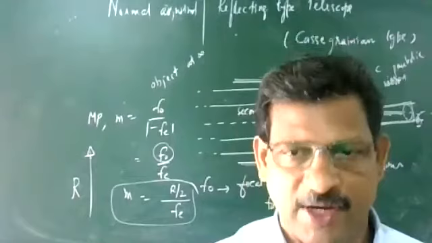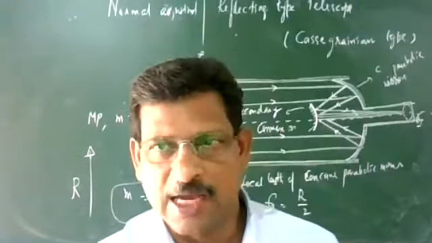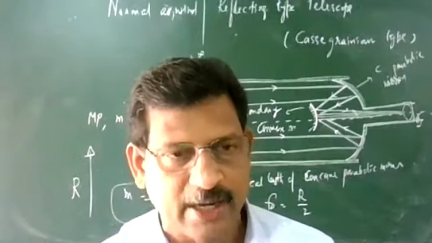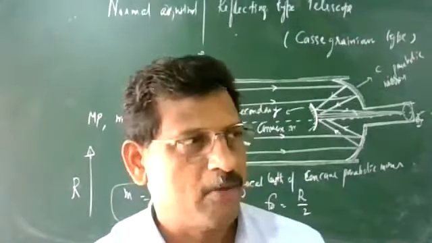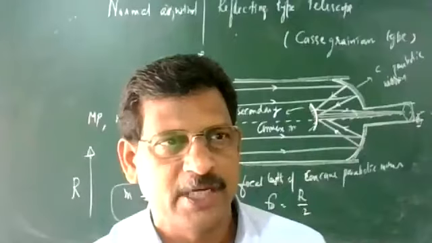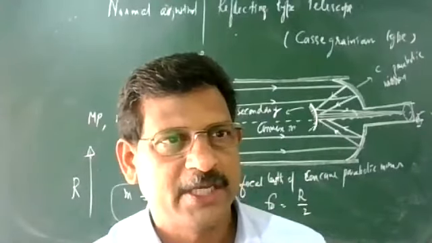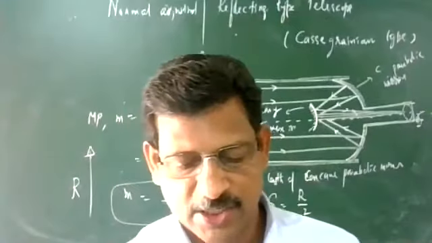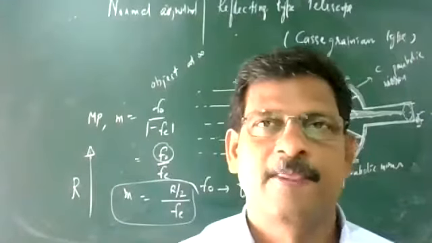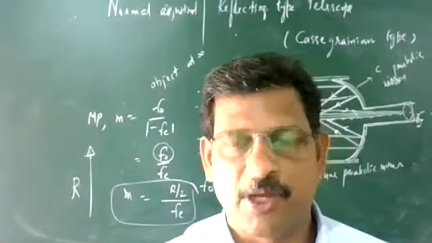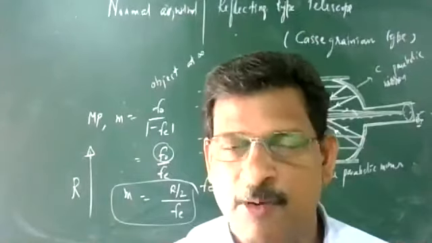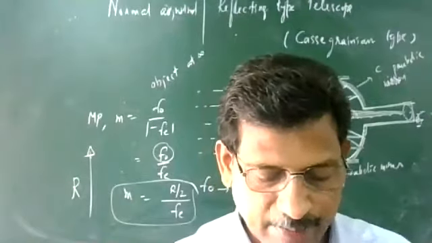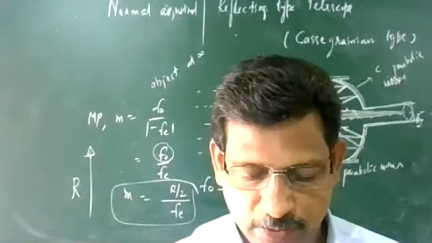That is called resolving power. Second point, no chromatic aberration, because the objective lens is not there. The objective is a parabolic mirror. Third point, spherical aberration can be reduced by using a concave parabolic mirror, or a paraboloid. The image is much brighter compared to that in a refracting type telescope.